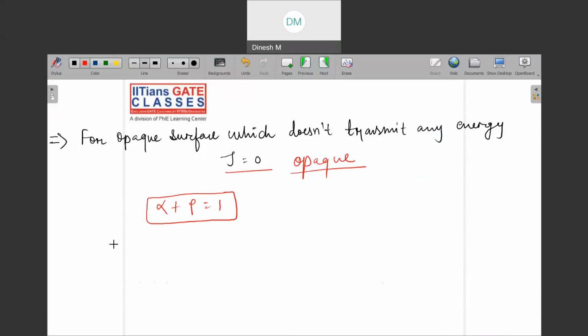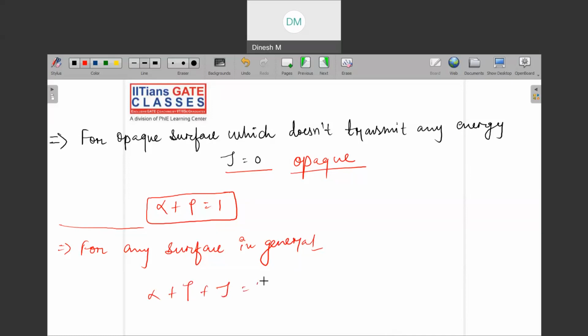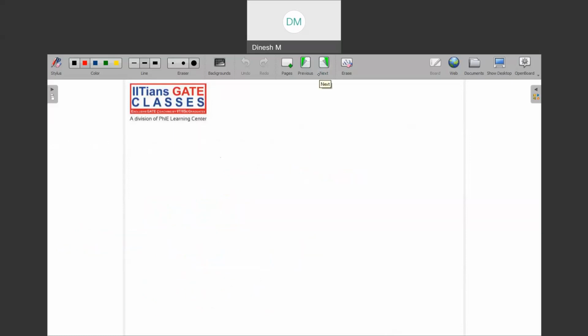And this is valid for opaque surfaces. And for any surface in general, just now I told you that alpha plus rho plus tau is equal to 1. Clear? Okay, let us go to the next.